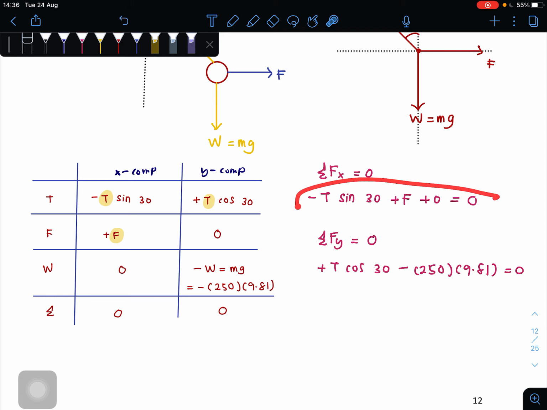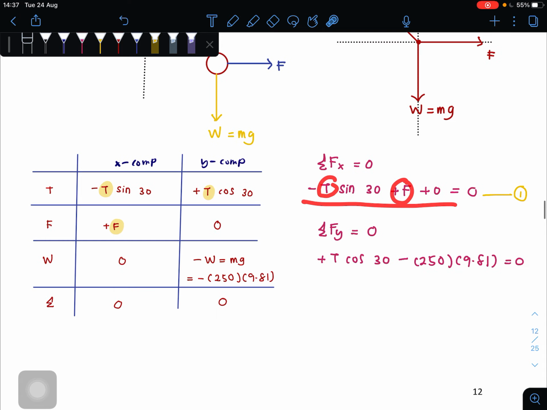Okay, for the first equation, let me label, this is the first equation. For the first equation, we have two unknowns, so we cannot solve this one yet. For the second equation, we only have one unknown, so we can solve this one, which means we can get the value for T. So you just solve and then you will get T is equal to 2839.9 Newton.